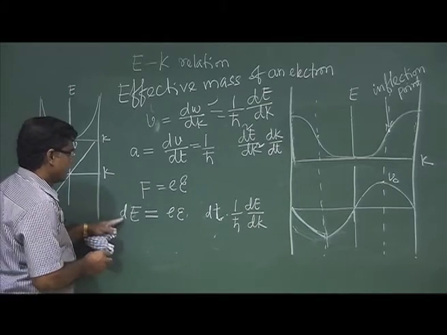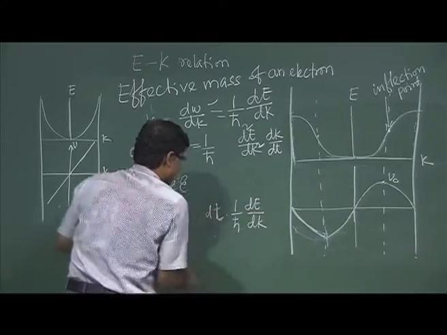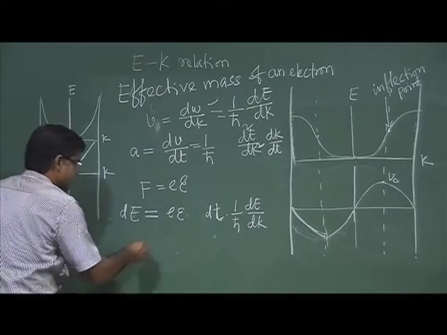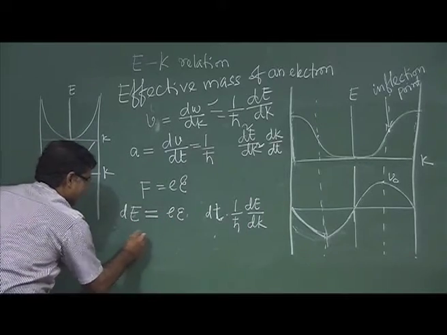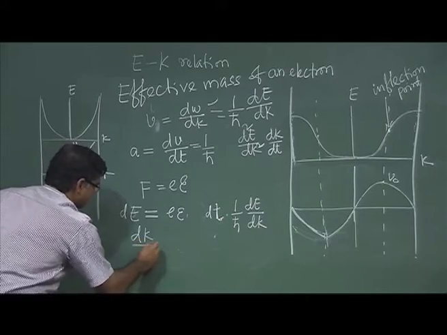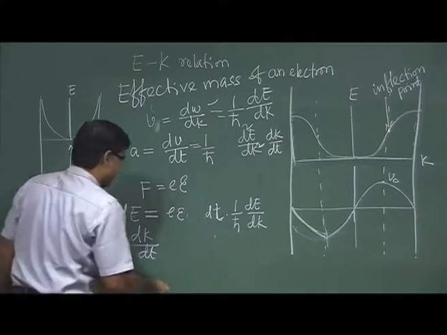So, what are we getting? dE equal to this, basically dt by dk. Just if you take this side, dk by dt, right. So, del E by del E is 1.